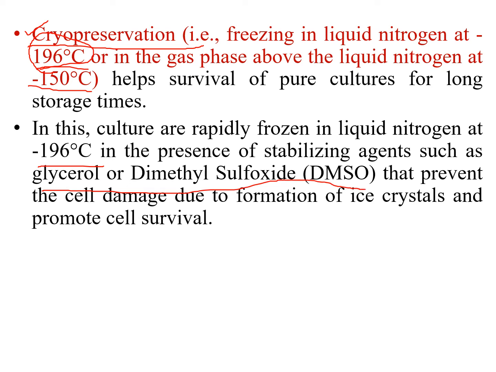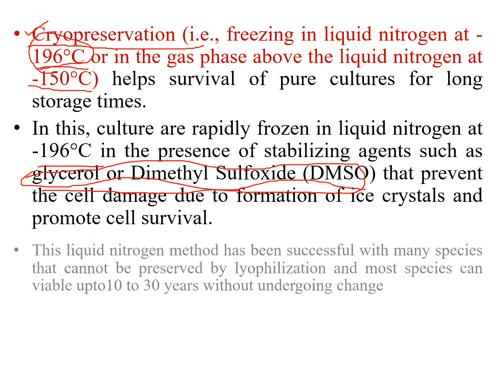Okay, so again note down these things. This is very important. First thing is cryopreservation is done at minus 196 degrees, freezing in liquid nitrogen temperature, and with this there is need for a stabilizing agent like glycerol or dimethyl sulfoxide that prevents the cell damage due to the formation of ice crystals and promotes cell survival.